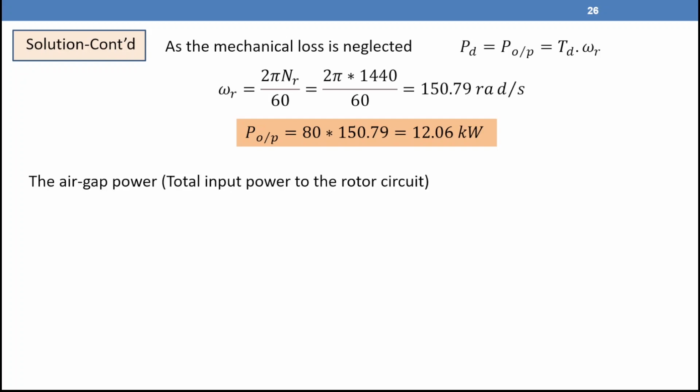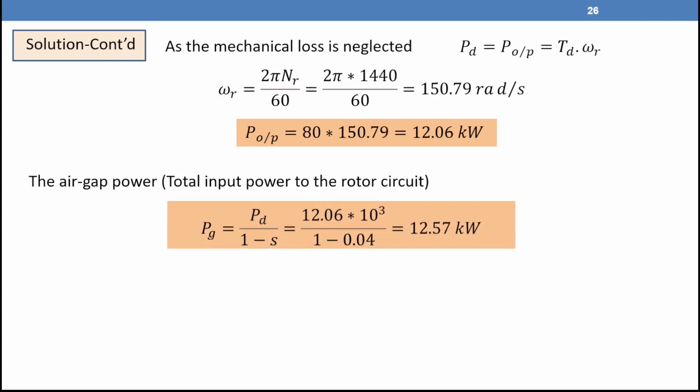The air gap power, or the total input power to the rotor circuit, will be P developed over 1 minus s. So we have s and we have P developed, so we calculate that one, 12.6 kilowatt. Also, P gap equals torque times omega s. So we can substitute in this equation 80 multiplied by 157.1 radian per second, which will give us the same answer.